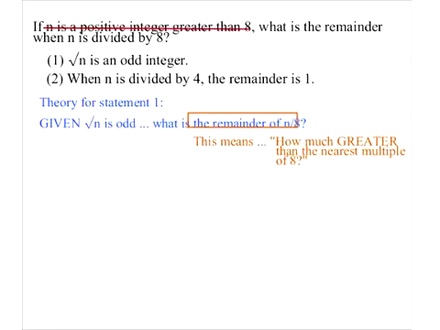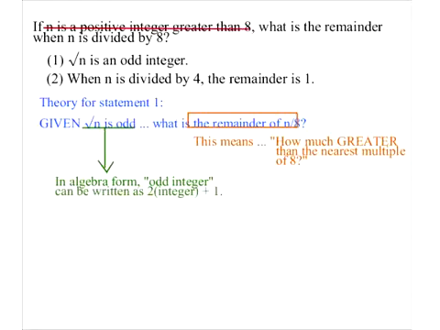So given square root n is odd, it's a little bit awkward, but does anybody know how to represent a random odd integer in algebra form if you do a text box? Yeah, let's not use 2n plus 1 because we already have n. So let's use k. So in algebra form, odd integer can be written as 2 times integer plus 1.